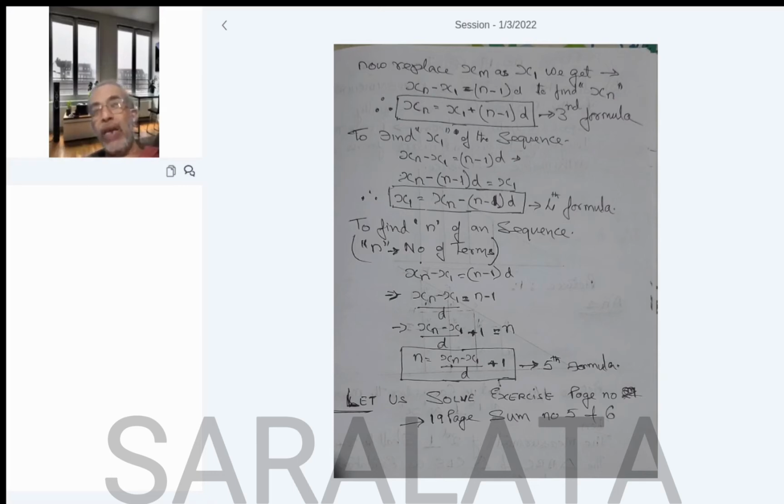When I turn it to the right side, that xn becomes minus. So all that we did is we just shifted the plus and minus sign, and we shifted the n to the right and x1 to the left. So x1 is equal to xn minus (n minus 1) into d.